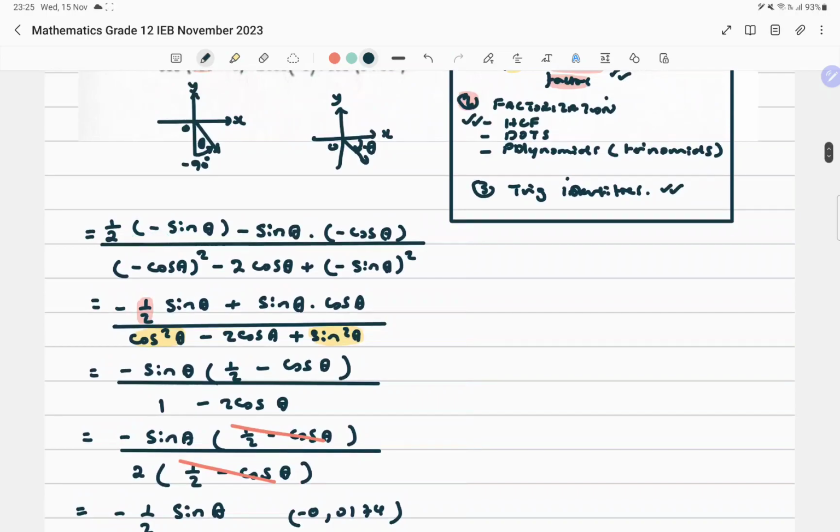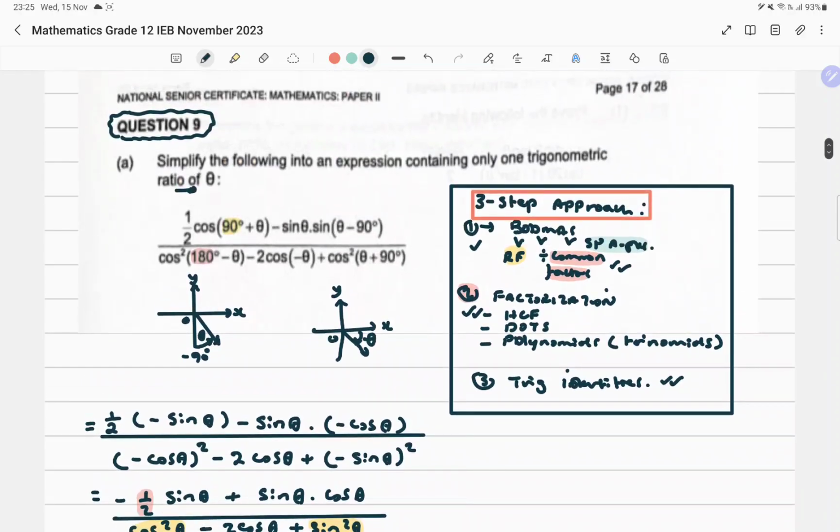Now I come back here. I will write minus 0,5 into, now we have got cos, so it's going to be into cos of 90 plus 2 because we're putting a 2 in there. But now be very careful, the brackets can overwhelm you here. They can overwhelm you so badly.